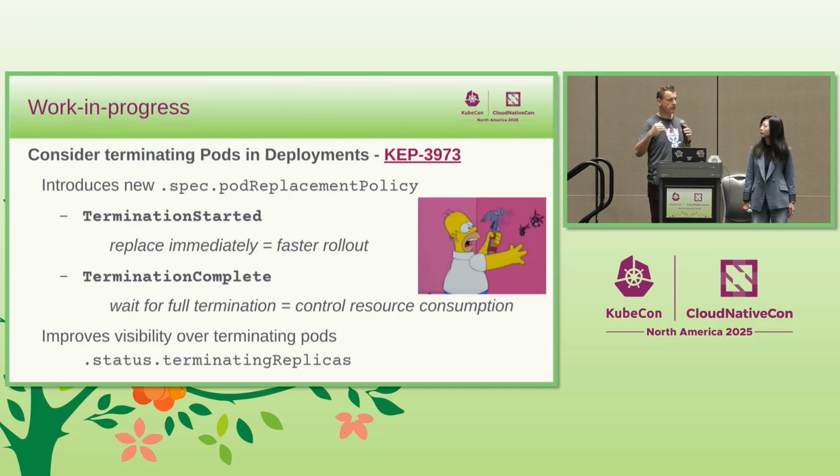He wants to introduce a policy in a deployment that will allow you to tell it: replace the pods of my deployment immediately whenever they fail, or if you have a very restricted quota, or you are working in a restricted environment and your deployment is pretty big, you want to wait until your pod finishes and releases all the resources and only then gets replaced by a new one. So again, the goal is to save the resource usage and be more mindful of what you're using.